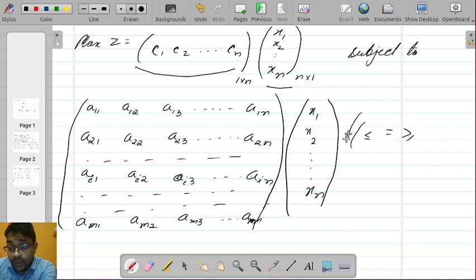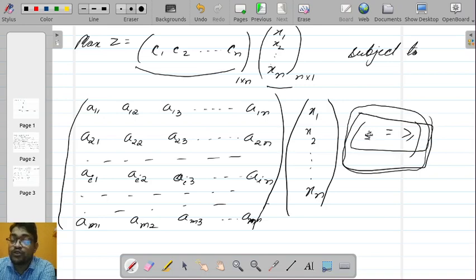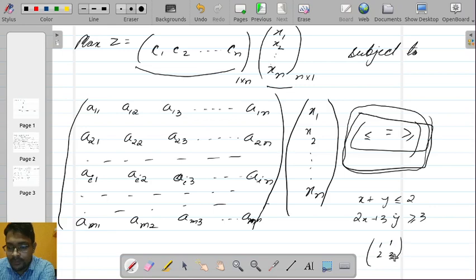But when we write this part, we have to be careful. We are combining all the equations or inequations or constraints together, okay. So here it has to be exactly the same symbol, otherwise I cannot combine. So if it is something like x plus y less than or equal to 2 and twice x plus 3y greater than or equal to 3, I cannot write it as a matrix equation in this form, 1 1, 2 3 multiplied with x y is less than or equal to 2.